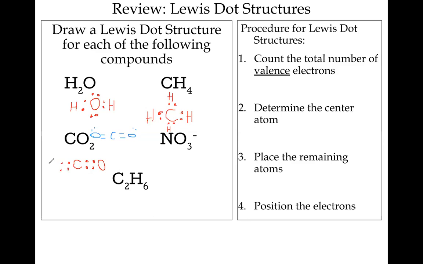Okay, I think I got 8 so far. So now what? I'm not quite there. I said that we needed 16, right? Oh, and I forgot to put the 2 here, right?